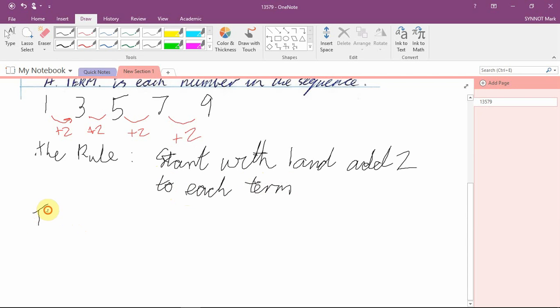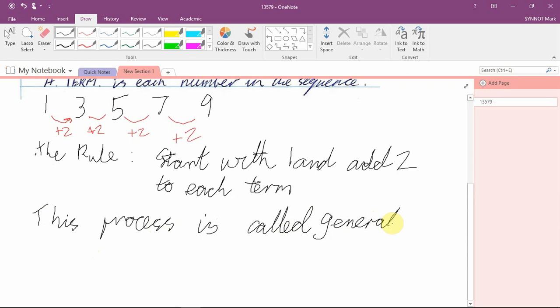So this process is referred to as, or is called, generating a sequence recursively.